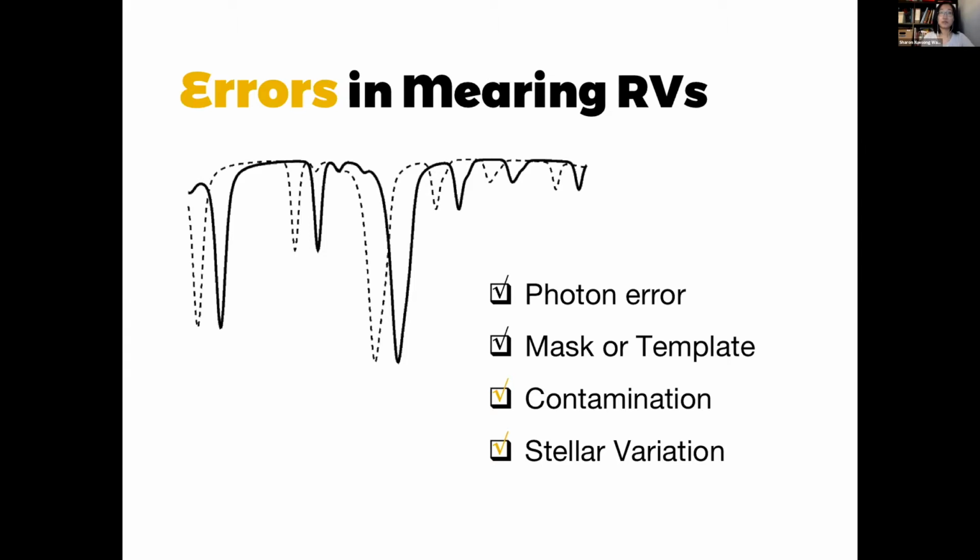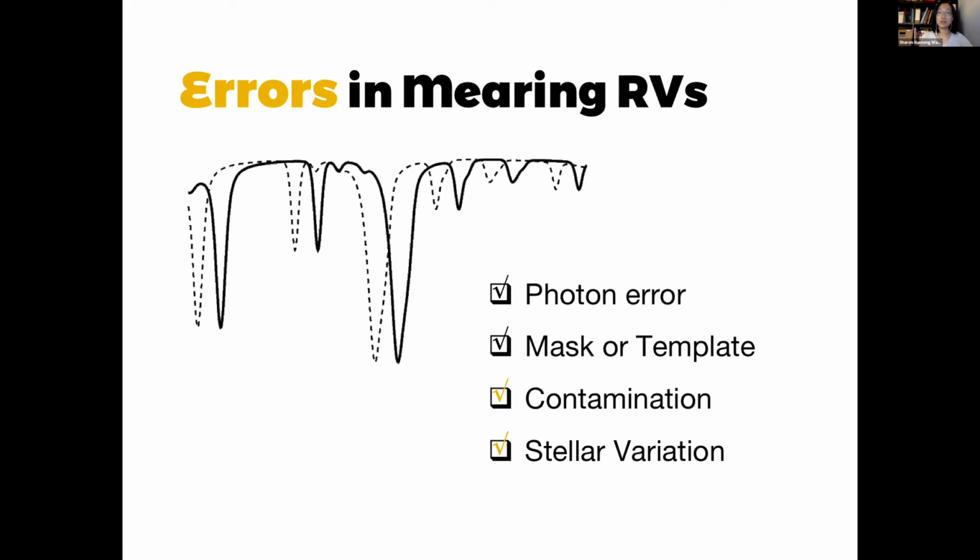And also you can have errors in mask or template, which ideally only cause bias, but they could interact with the other 2 terms below and cause you trouble. That is spectral contamination, which includes solar contamination, telluric emission, telluric absorption. I talk about how we deal with these and at what level they are operating and what's the best effort in mitigating them these days.